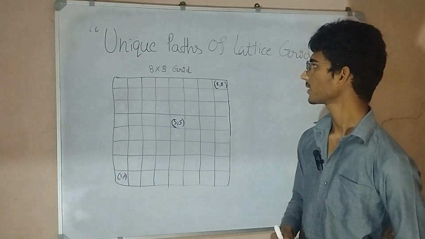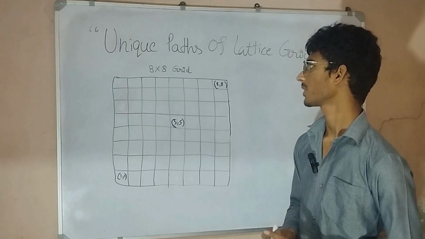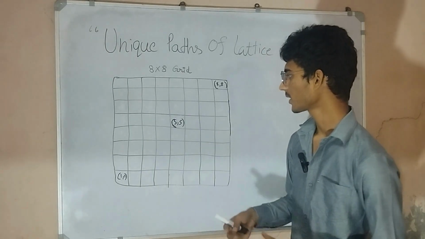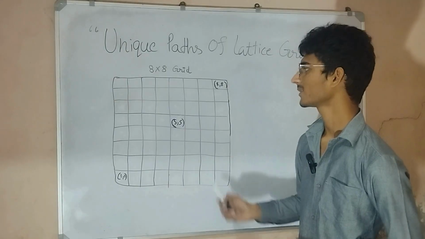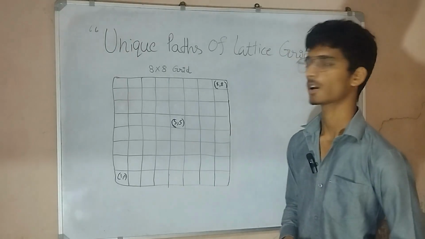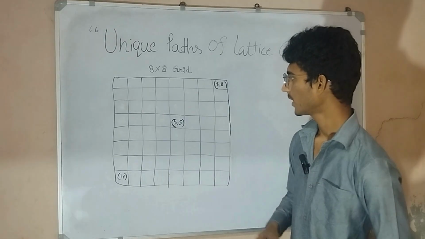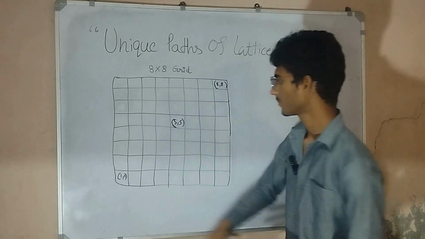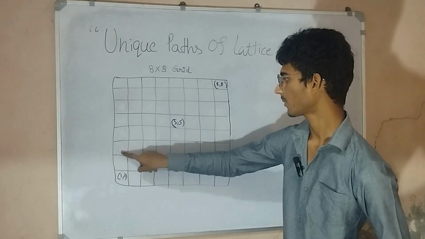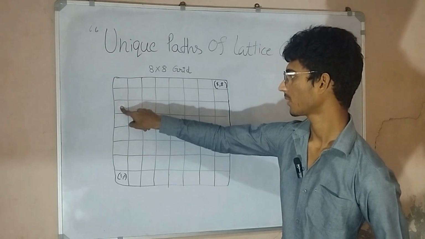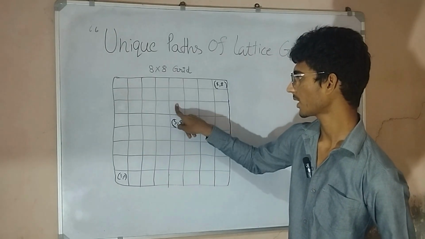Let's see how the knowledge of permutation or combination will help us get to the answer. I asked two questions. First, is the entire grid available to us, and second, how many moves do we have to make to form a path? Well, the entire grid is not available to us. Why? Because let's say you go up, up, up, up, and you take one more step upward, and then go right, right, right, right.